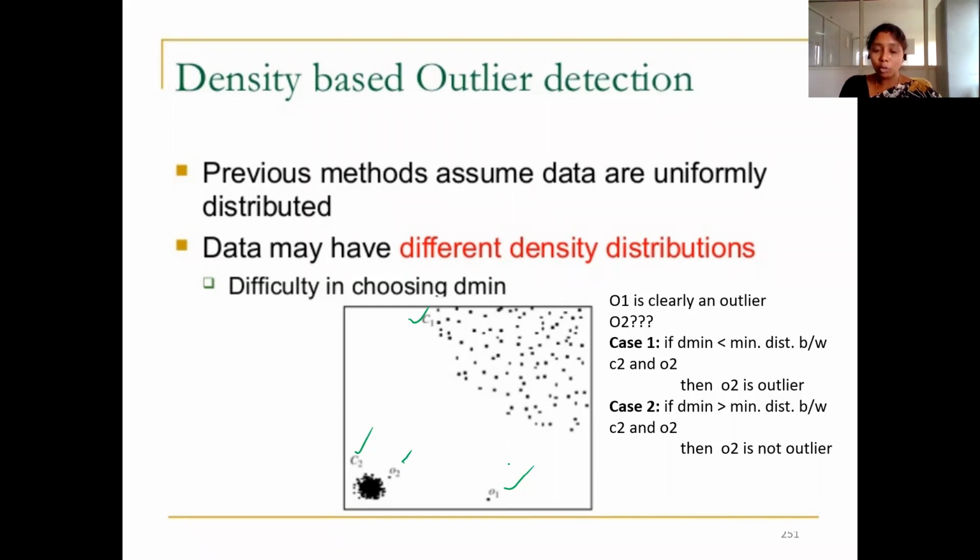If you directly go with the density-based approach, both O1 and O2 are detected as outliers. Why? Because by observation itself, it can be clearly seen that this particular area is a high dense area, and this particular area is a high dense area. This is not a dense area, which means that O1 and O2 are outliers.